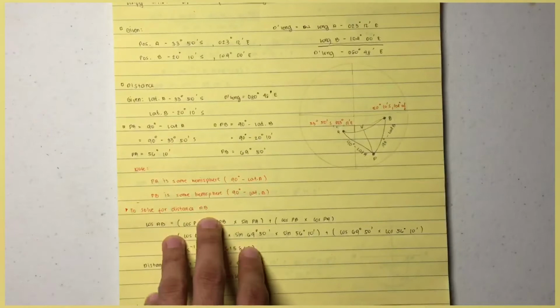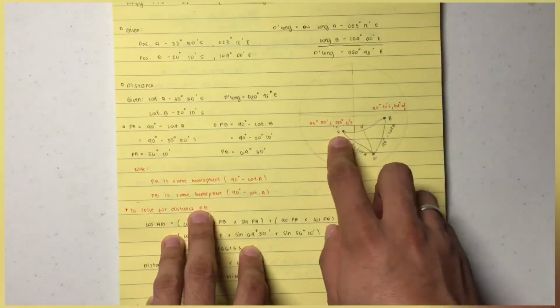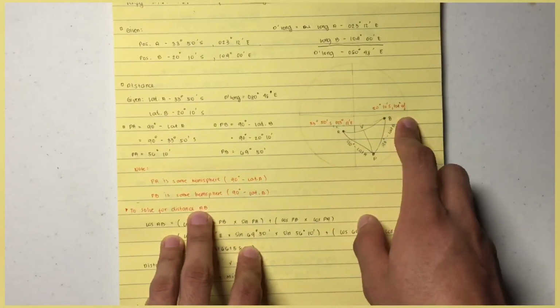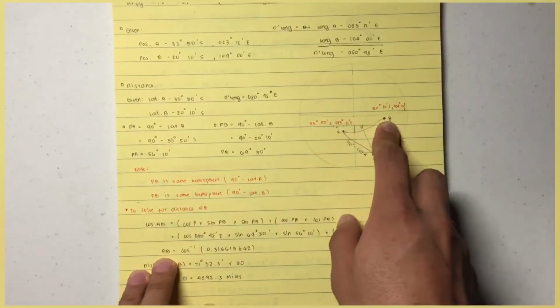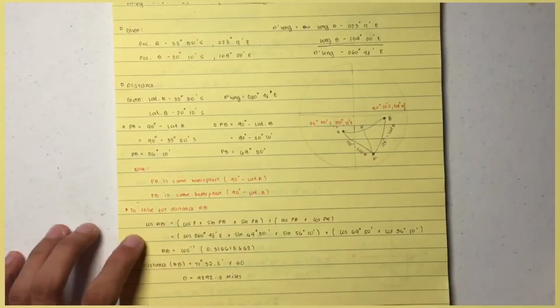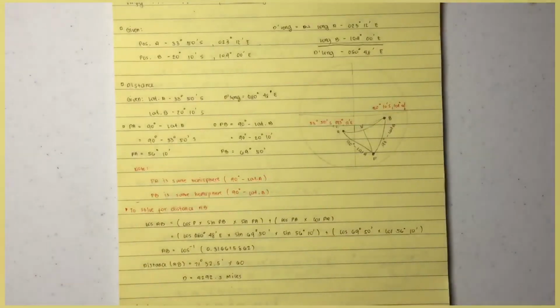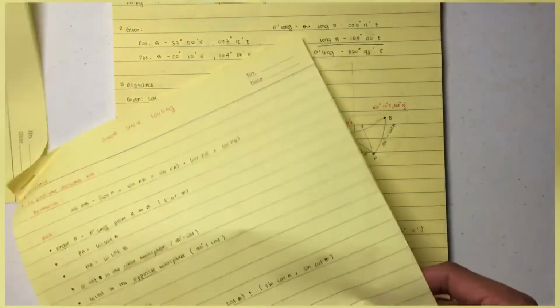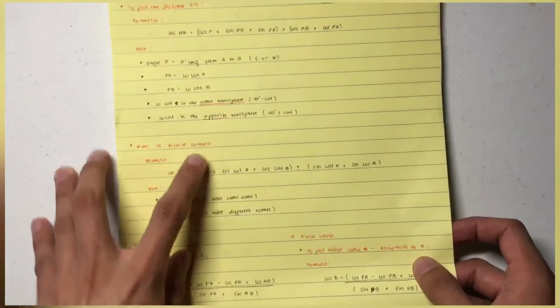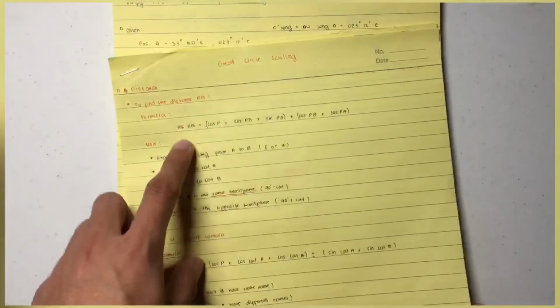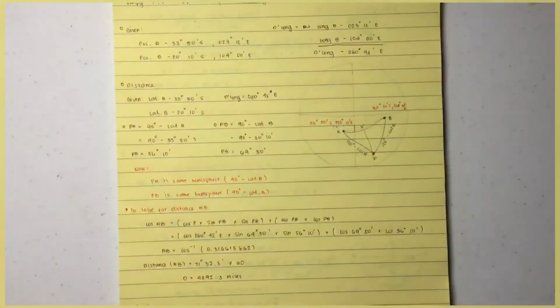Now, to solve for the distance AB from position A to position B, the distance between these coordinates, here is the formula that I use. We have two formulas to be used, the Mark St. Hilaire formula, but I chose this formula.